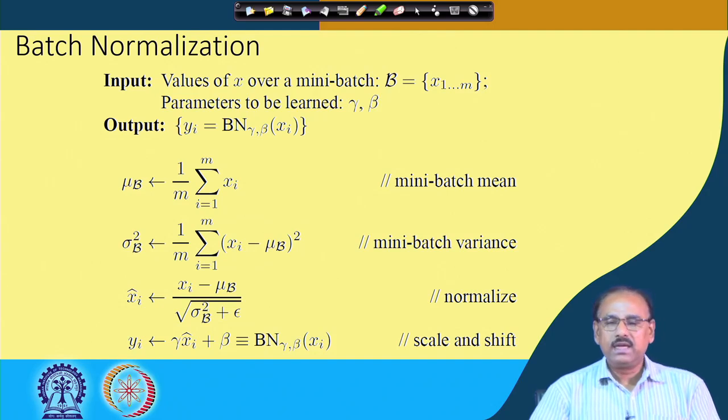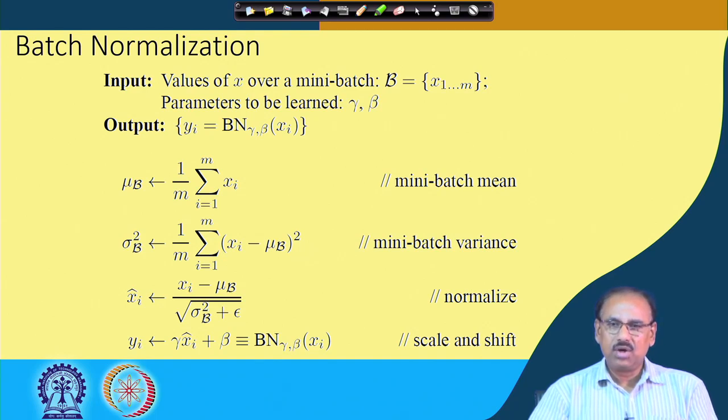Once you do that, you find that all these normalized features, that is x_i hat or the collection of x_i hat, will have a mean value equal to 0, because from every x I have subtracted mu_B, which is the mean vector. And then you have normalized with respect to the standard deviation, which is sigma_B.